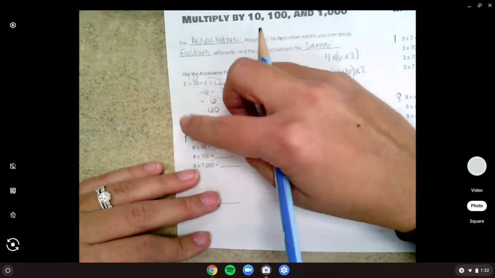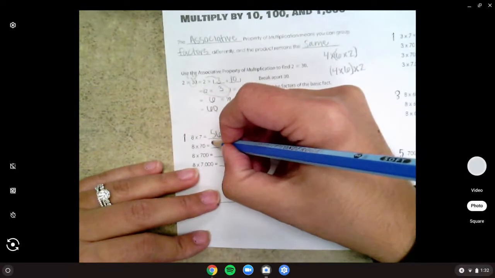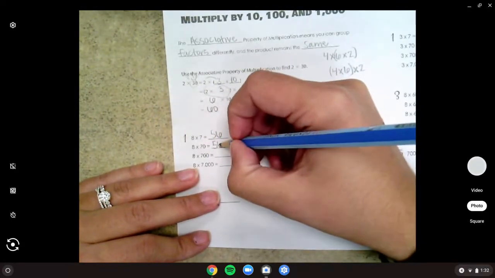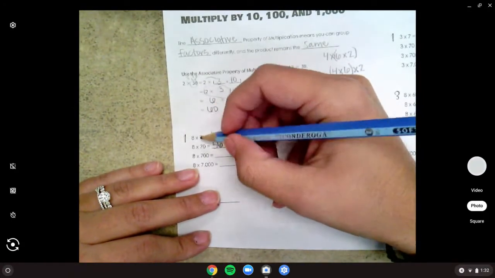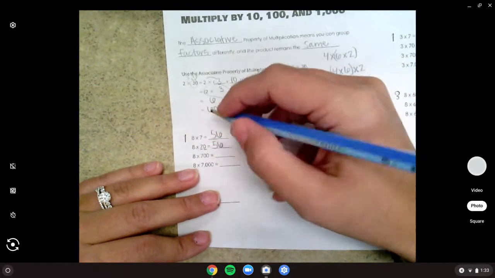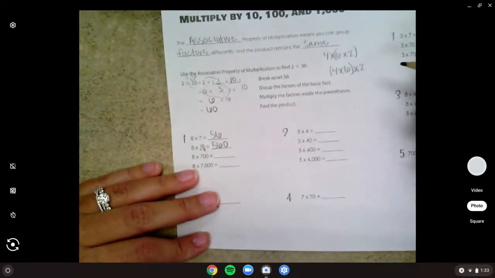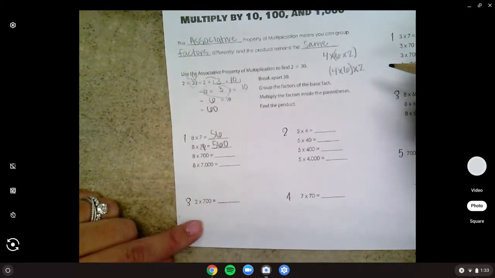What I'm going to do is take 8 times 7. Again, I know that that's 56. That hasn't changed. Now, when I multiply by what's left over, that 10, because it's in that 10 spot, I add 1 zero because I had 1 zero in my factors.